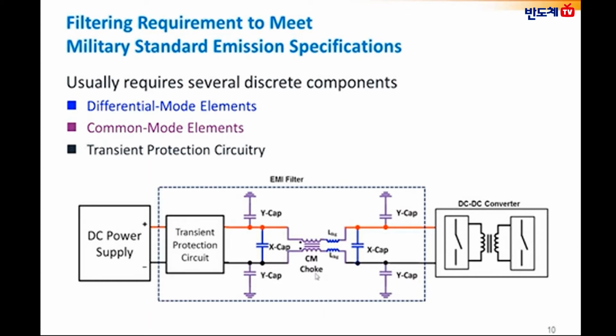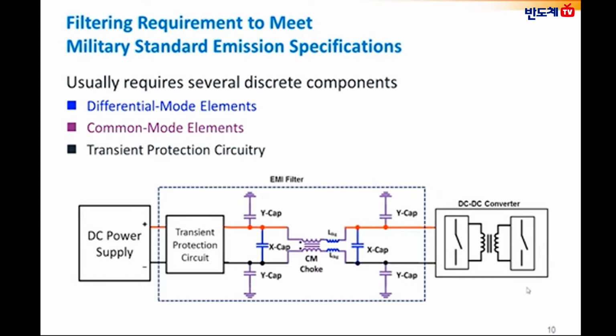Typically, the leakage inductance provides a high impedance path to the differential mode noise, whereas the X capacitor provides a low impedance path to the differential mode noise, and the differential mode noise is shunted to power ground by the low impedance X capacitors.